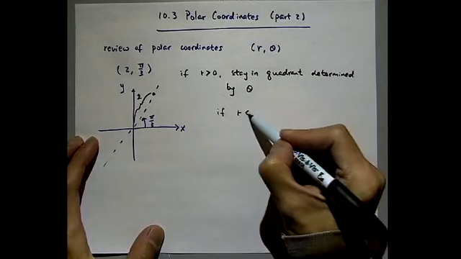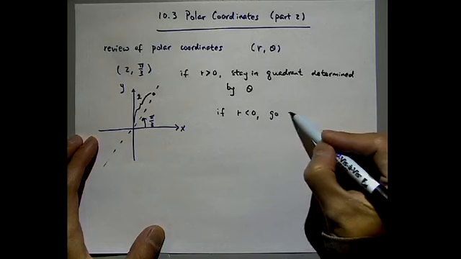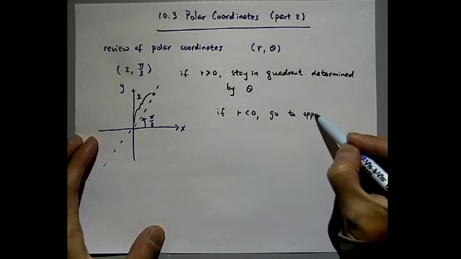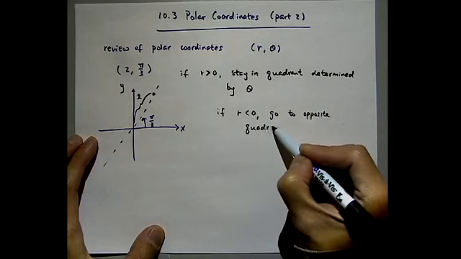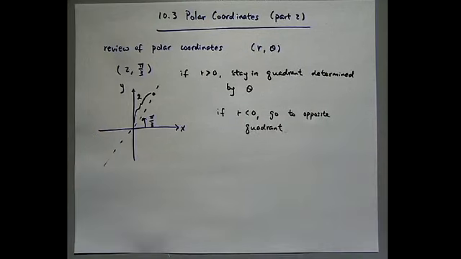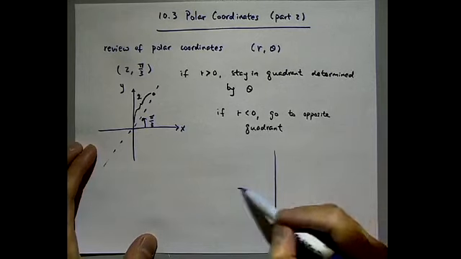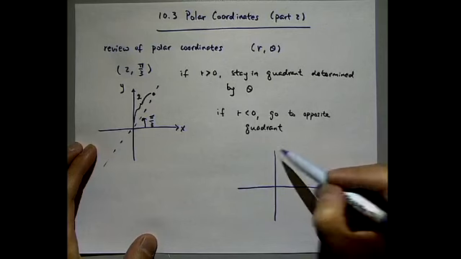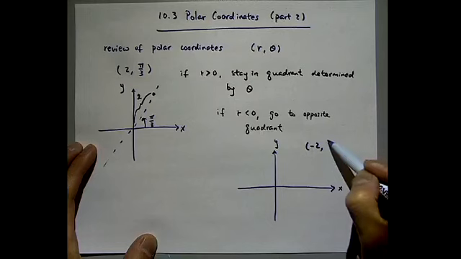If r is less than 0, then you go to the opposite quadrant. For example, we do (negative 2, pi over 3).